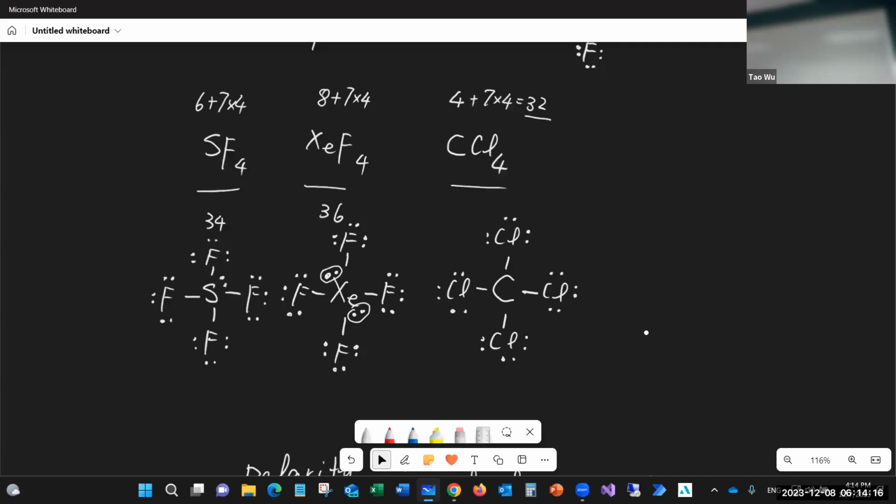That's why you cannot just base on the formula to determine the geometry of the molecule. You have to draw the Lewis structure, determine how many electron domains are around the central atom, and then base on that to determine the geometry. Are you clear? This is very important.